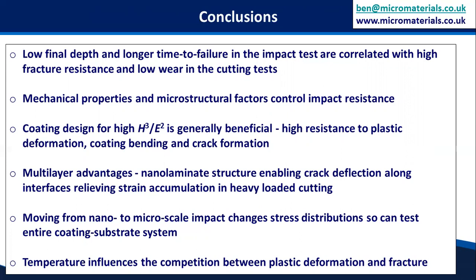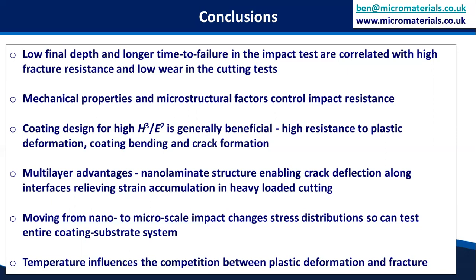So coating design to increase the hardness modulus ratio is generally beneficial because it enhances resistance to plastic deformation, reduces coating bending and driving forces for crack formation. But it doesn't necessarily do much in terms of crack propagation. So therefore you need to combine that with multi-layer advantages.